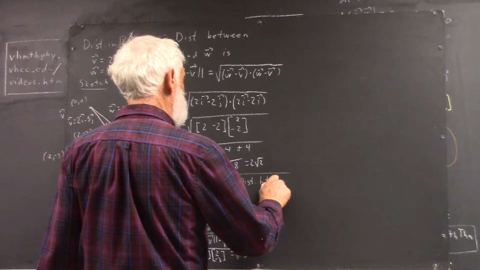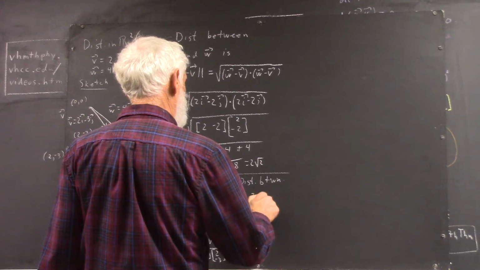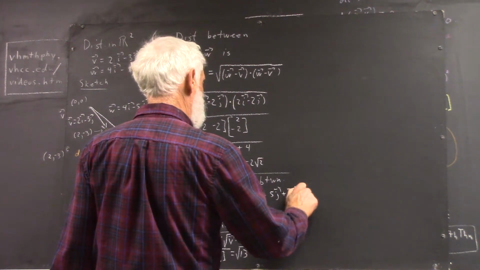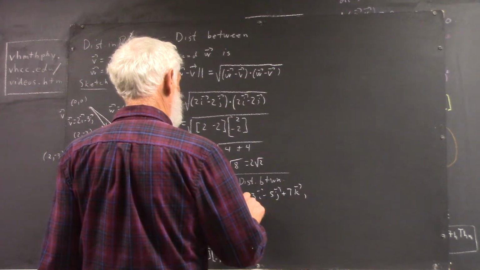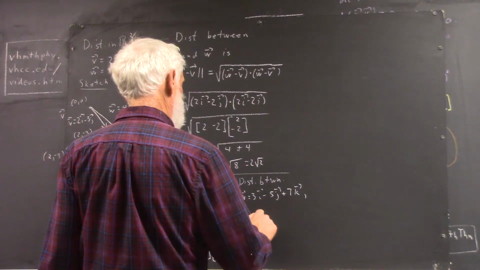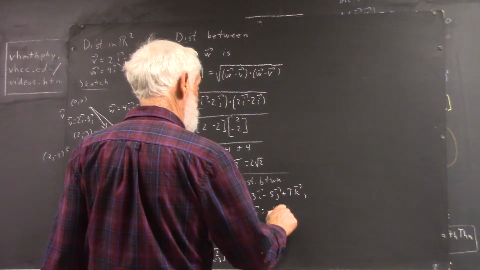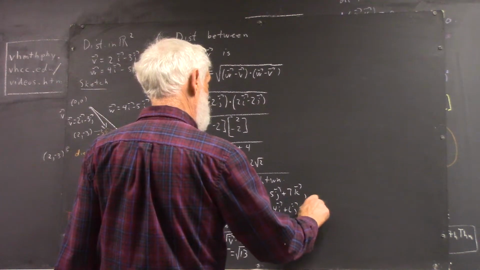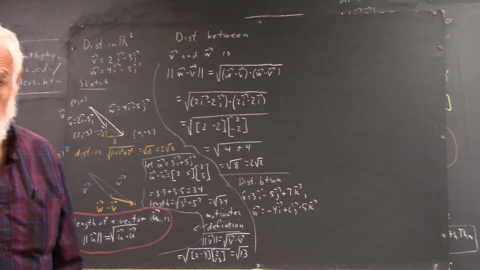Now, what's the distance between, let's say, the vector 3i minus 5j plus 7k, and let's call this v, call this w, any numbers will do, negative 4i plus 6j minus 5k. Okay, what's the distance between these vectors?